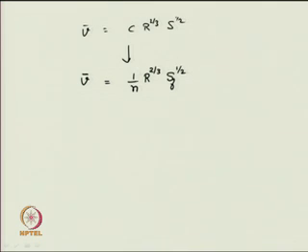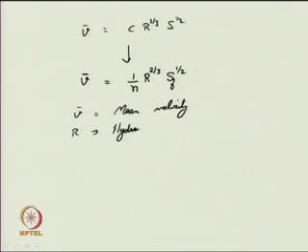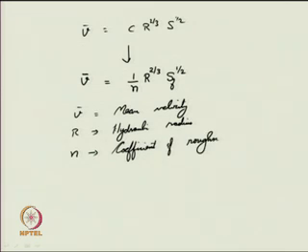So, here V, as we are dealing with, is the mean velocity, r is the hydraulic radius, n is a new coefficient called the coefficient of roughness, or it is also called Manning's n. S_f is your energy slope.